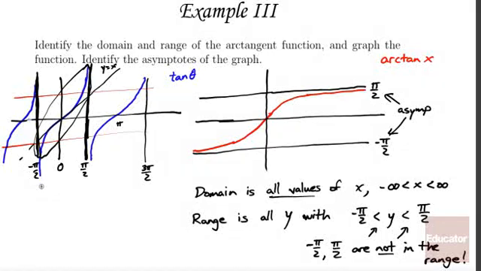So to understand this problem, really you have to remember what the graph of tangent theta looks like. Then you take its one main branch and you flip it over and you get the graph of arctangent of x. Anything's in the domain. The range can go from negative pi over 2 to pi over 2, but you don't include those endpoints. And the asymptotes are the horizontal lines at negative pi over 2 and pi over 2.